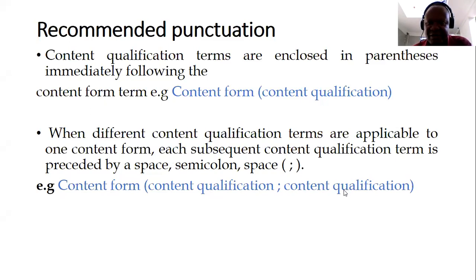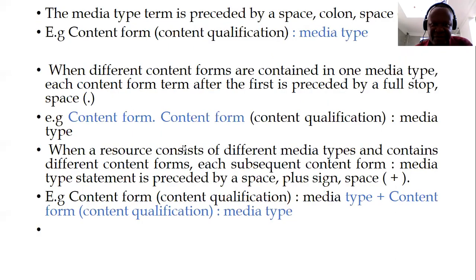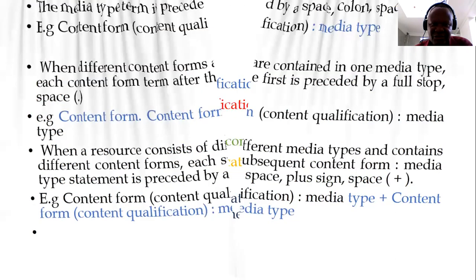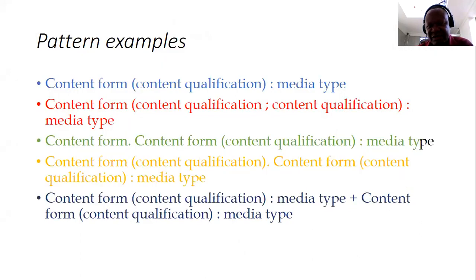If there is a third one, we would apply a semicolon there and then give the third one. So in brief, I want to just show you examples of how you will be structuring area O if you have all the elements.